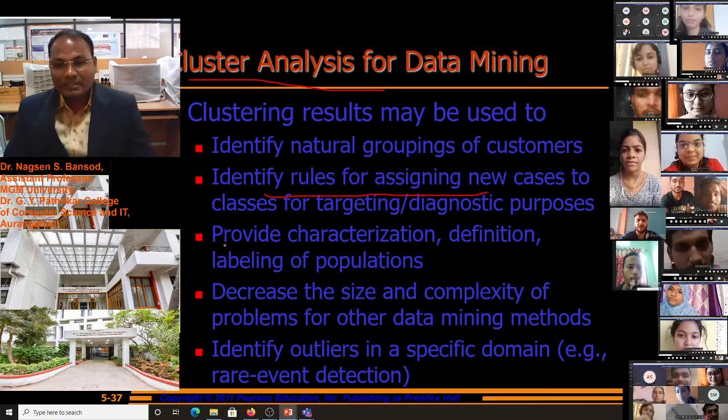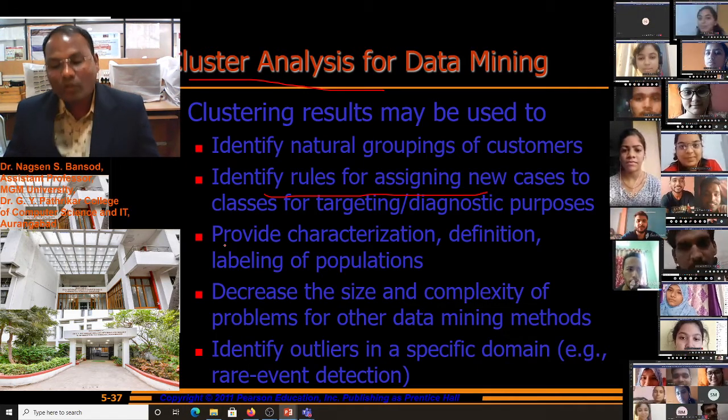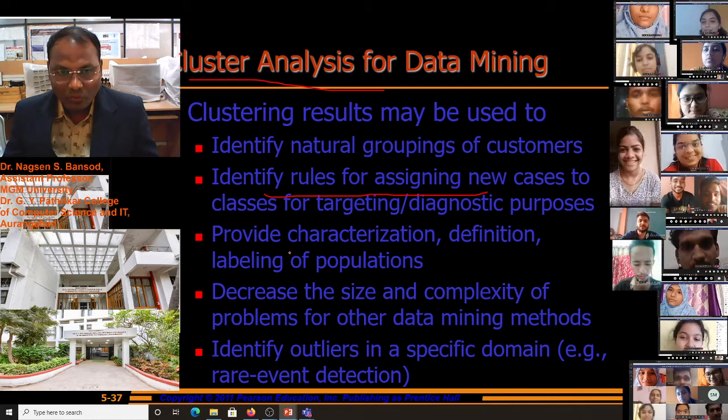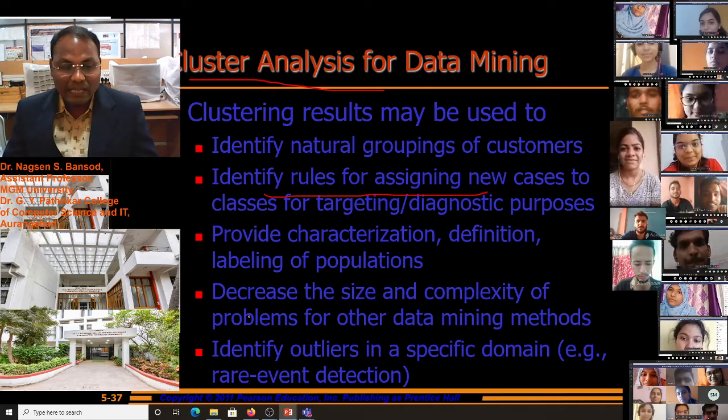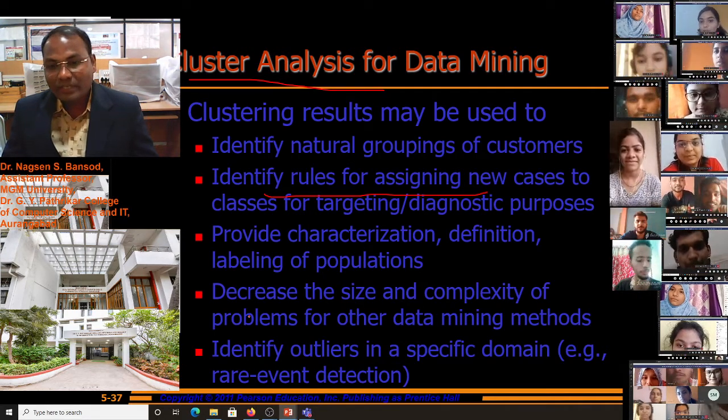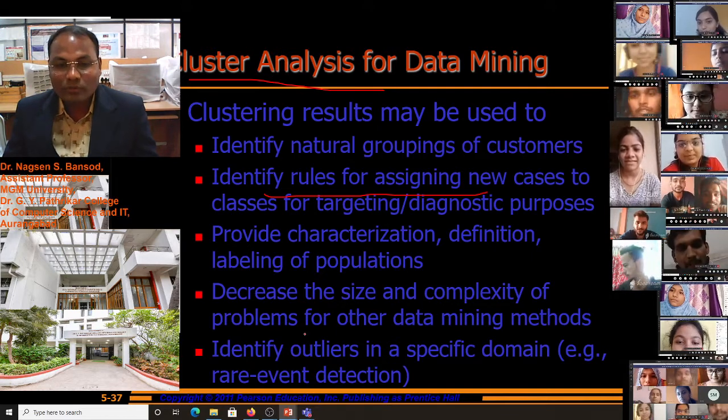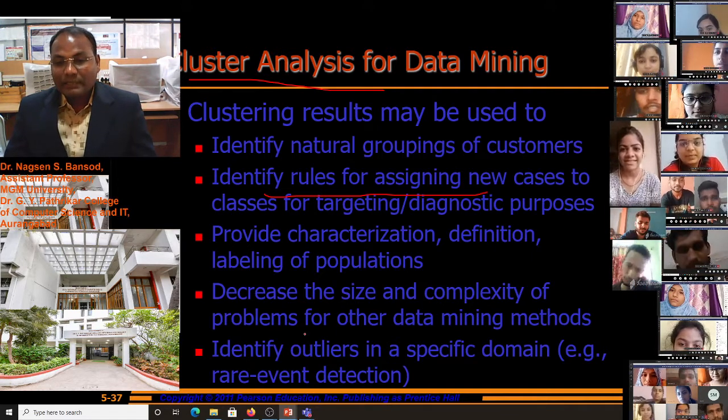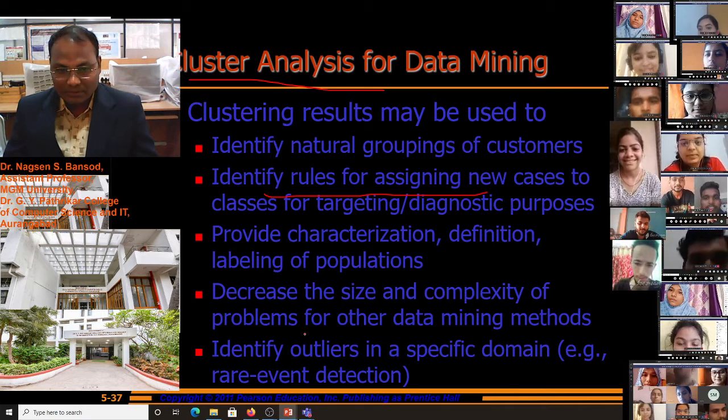Provide characterization, definition, and labeling of populations with the help of cluster analysis, and it can decrease the size of data and complexity of the problem for other data mining methods.